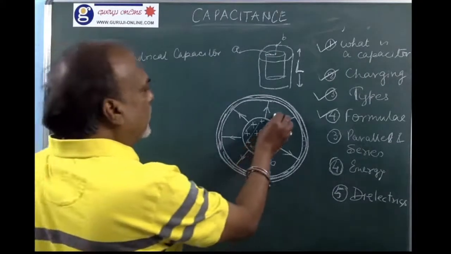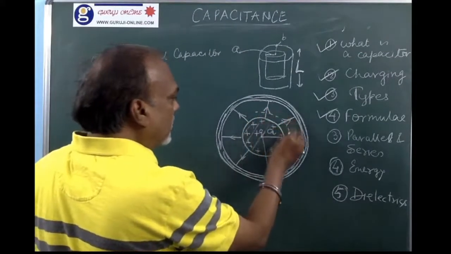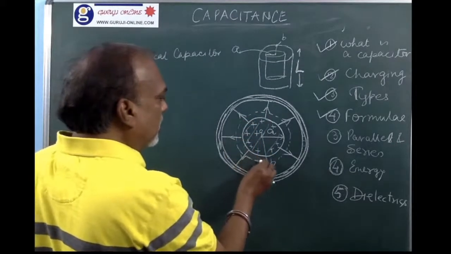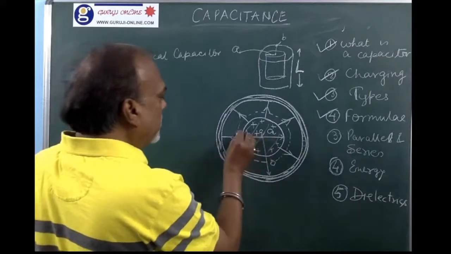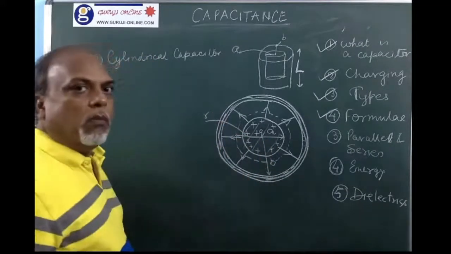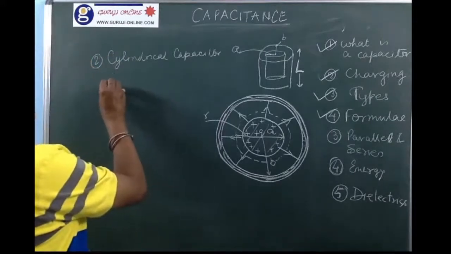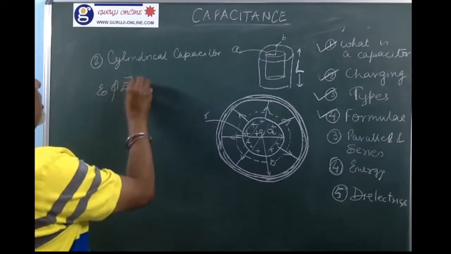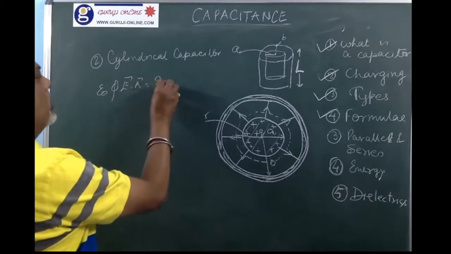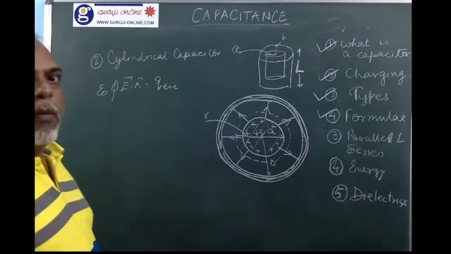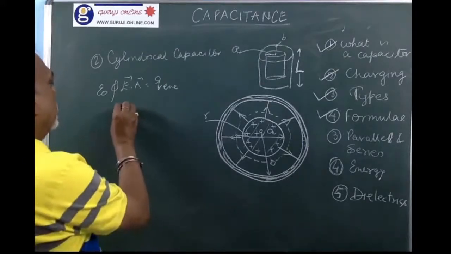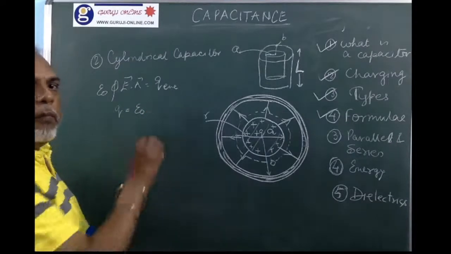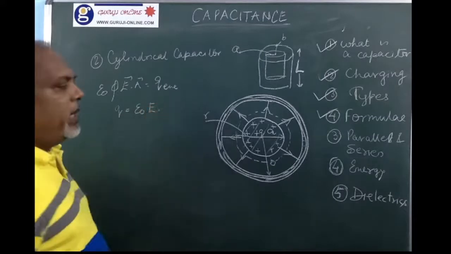Again, let us suppose we make this Gaussian surface like this, and its radius is R. So again, by Gauss law, Q enclosed, or Q will be nothing but epsilon 0 E, and what will be the area?